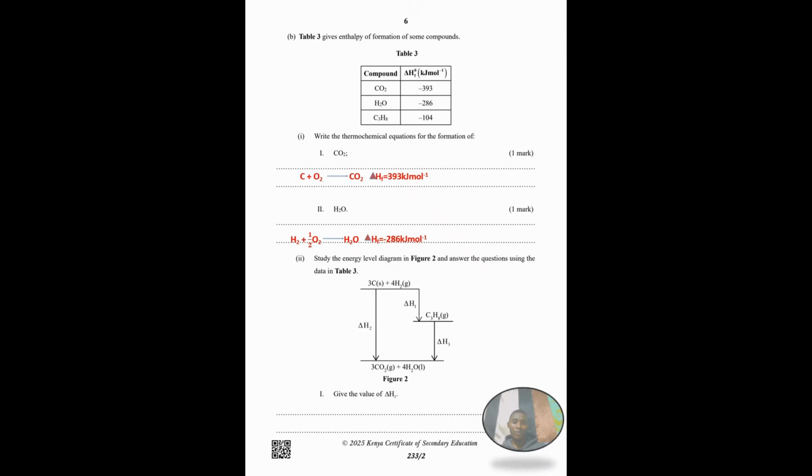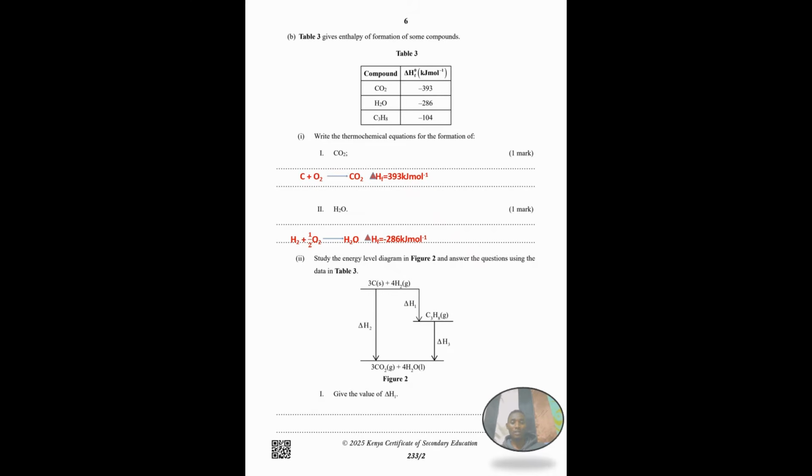We have to balance the oxygen with a half to ensure that we have 1 atom of oxygen on our product side. So we are trying to maintain the 1 mole of the product or the compound being formed, because in the enthalpy of formation we must lead to formation of 1 mole of the substance.